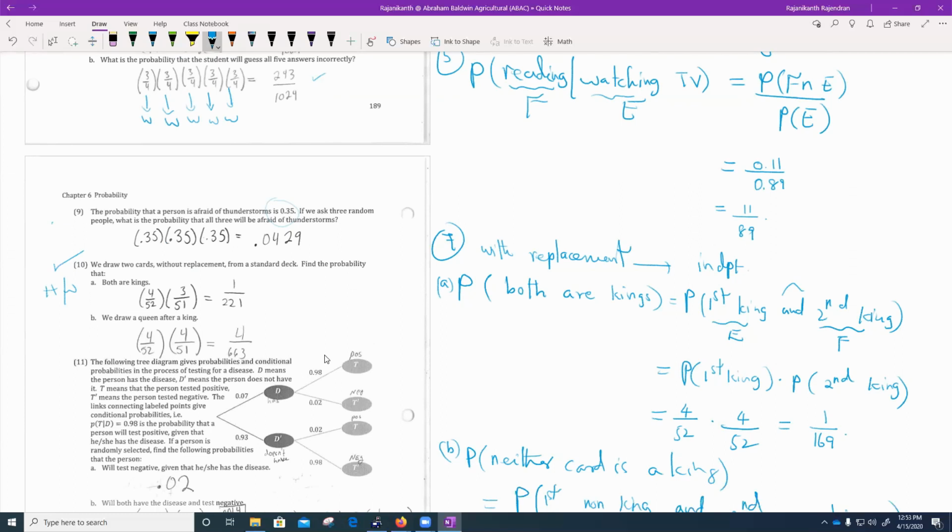Therefore, you need to multiply all 3 to get all 3 be afraid of the thunderstorm. So that's why we multiply all 3. So the first one is the first guy afraid. This is the second guy afraid, and the third one afraid of a thunderstorm. Simply multiply the probability of being afraid, which is 0.35. So we are simply multiplying all 3. Okay.